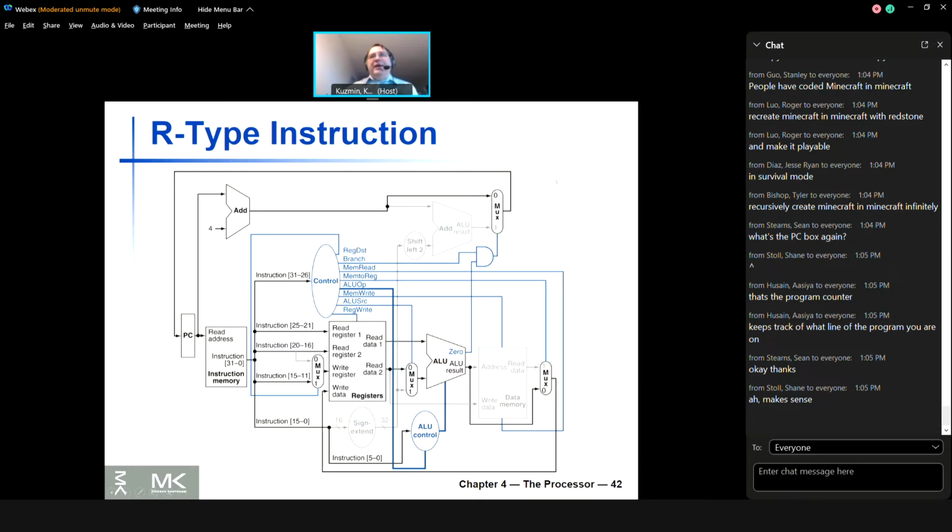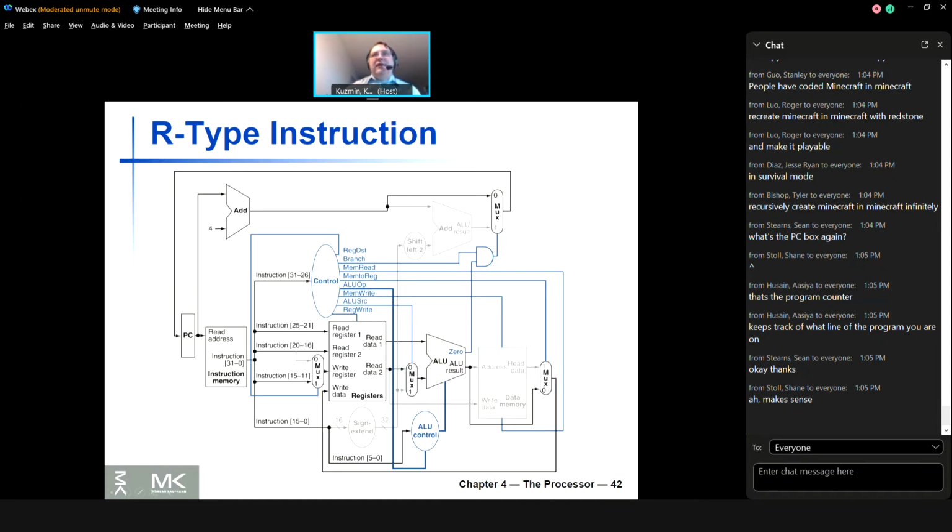All right, so now let's look at how different types of instructions go through the data path, execute and produce the desired result. In those slides, there's a series of slides, and they are just figures from the textbook, so it's nothing really different.